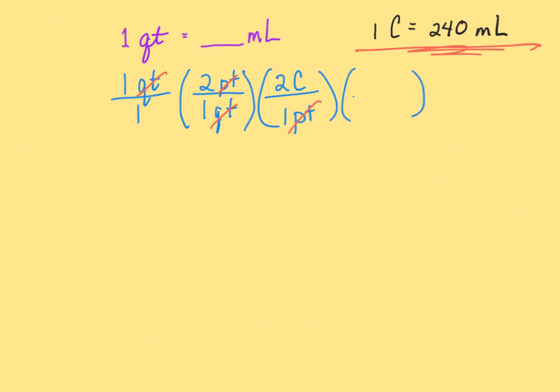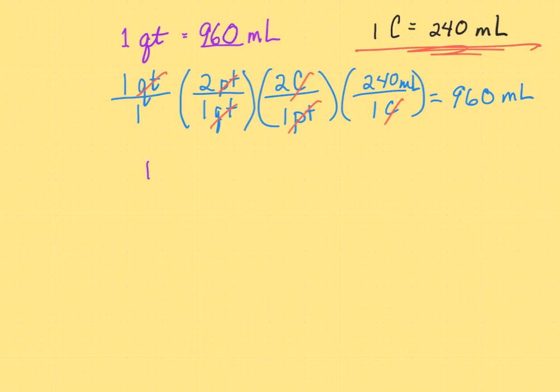So 1 cup equals 240 milliliters. And I have canceled everything across through there. I just need to do the calculation now. And I get 960 milliliters. Okay, now look at your chart. We just calculated that 1 quart equals 960 milliliters.